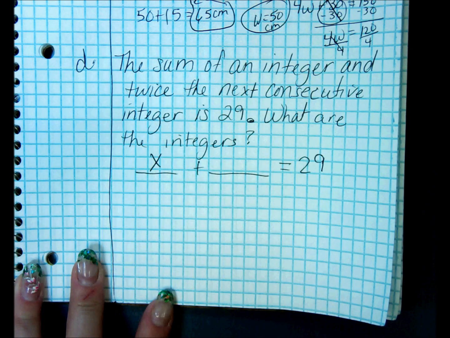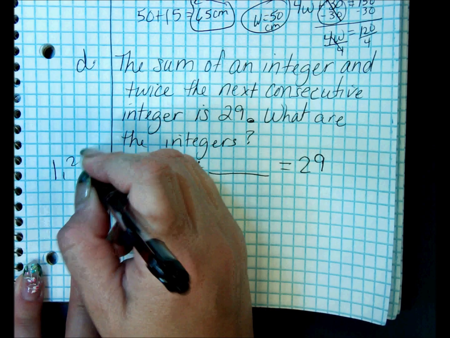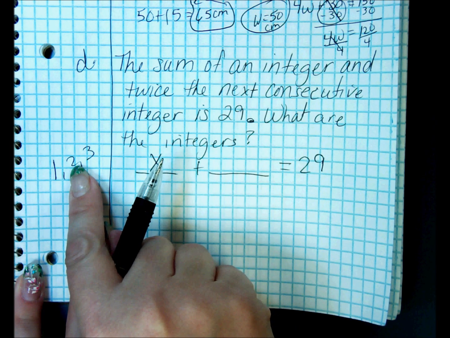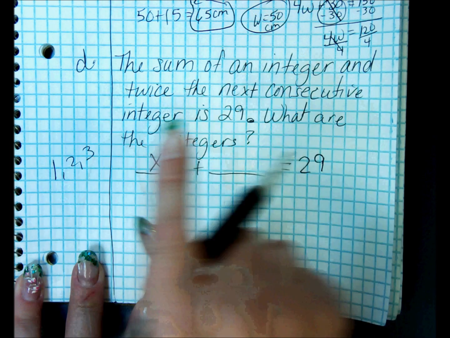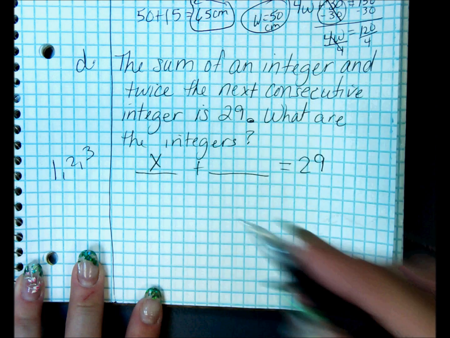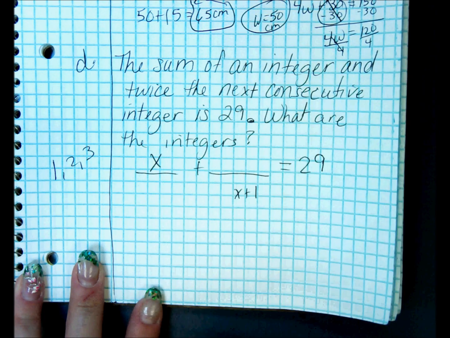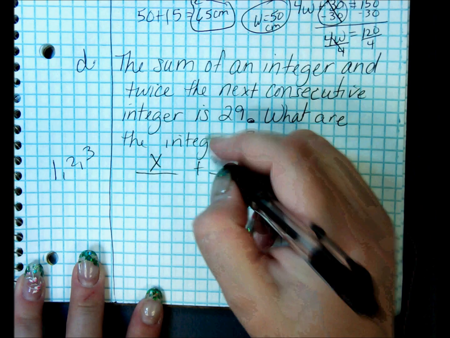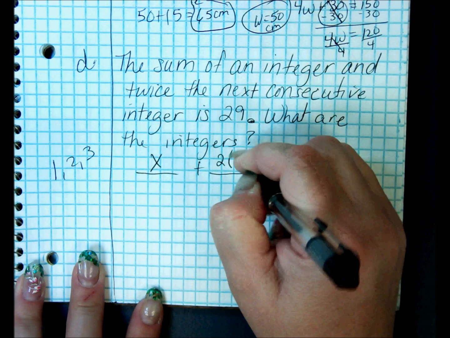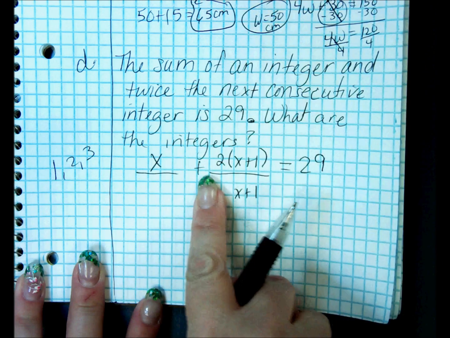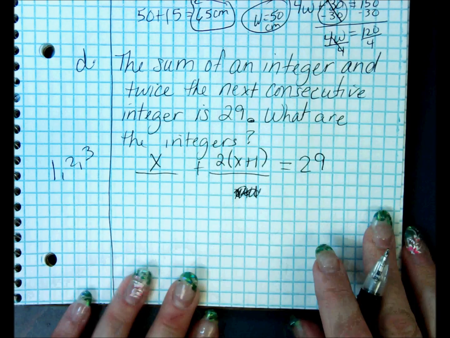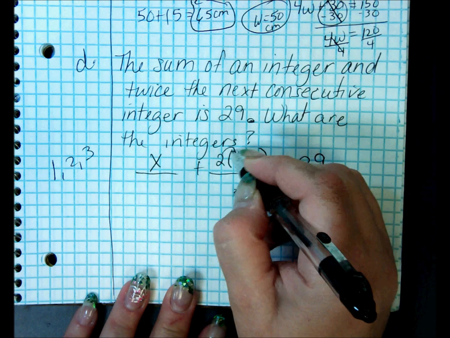Looking back at 1, 2, 3, to get from 1 to 2, we would have to add 1. So the next consecutive number would be x plus 1. But it wants twice the next consecutive number, so that means 2 times x plus 1. All right, so let's do that. Distribute, get rid of your parentheses.